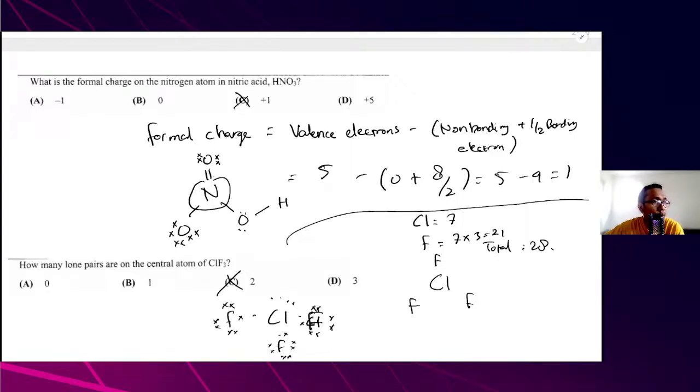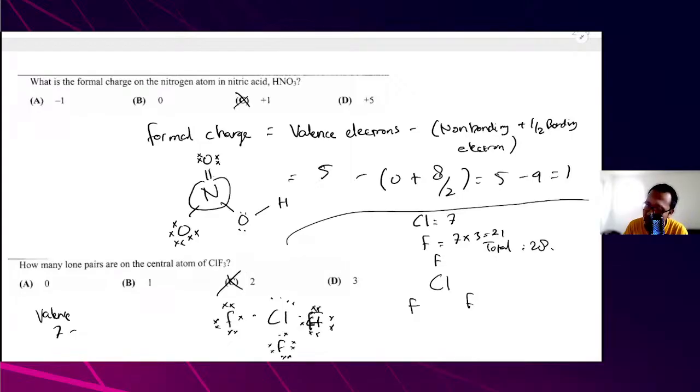So if the question is about formal charge, the formal charge is 2 over here, right? So for the formal charge, valence, which is how many valence electrons over here, is 7, right? And then how many non-bonding?